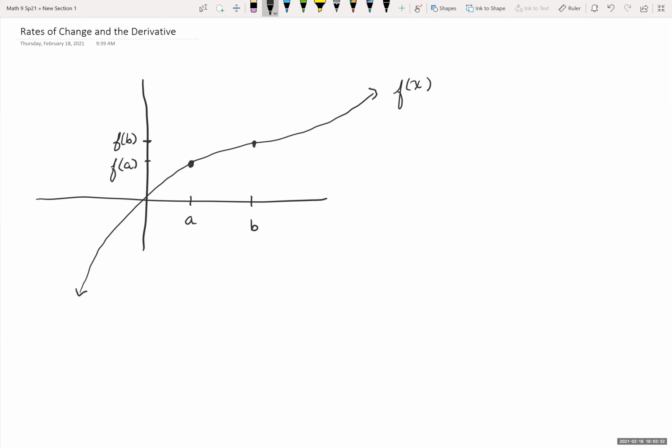And so when we're looking at this average rate of change, we're looking at the slope of the line that joins those two.